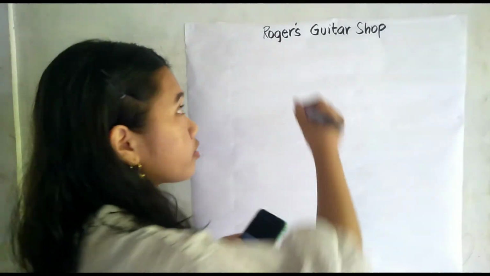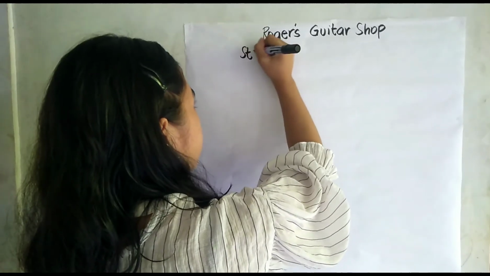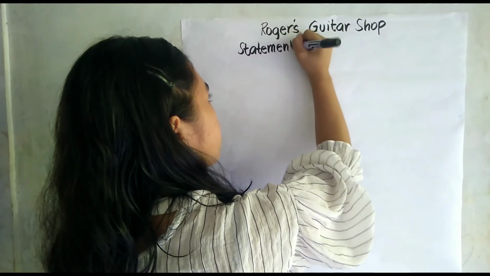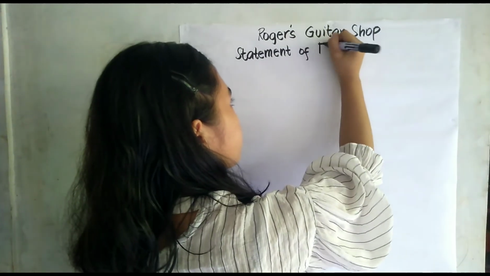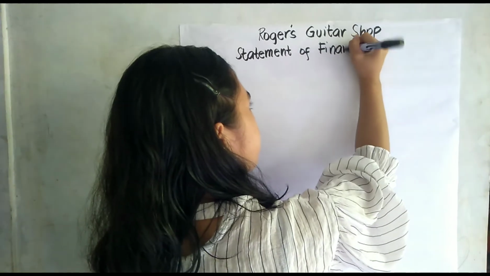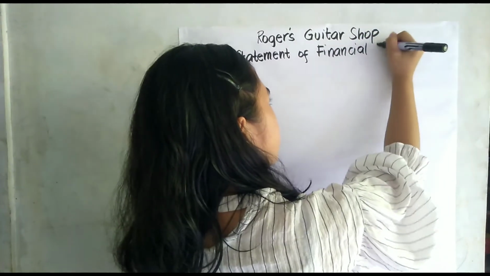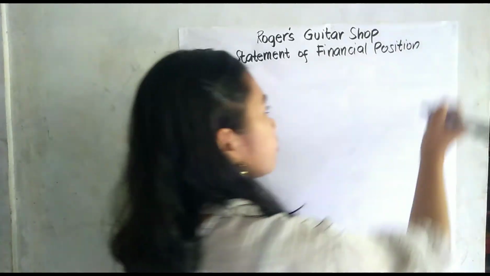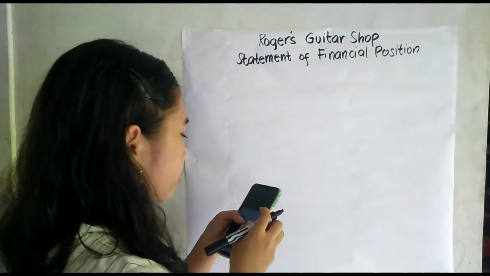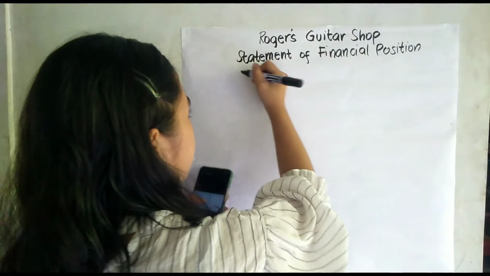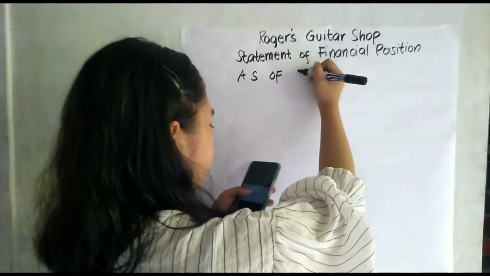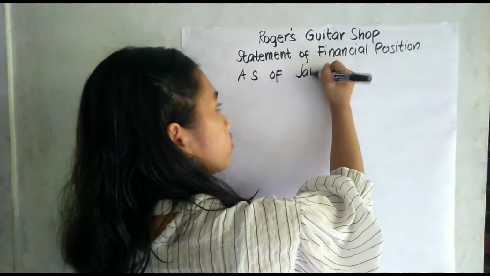Next is the statement of financial position. Next is the given date. The given date is January 31, 2018.